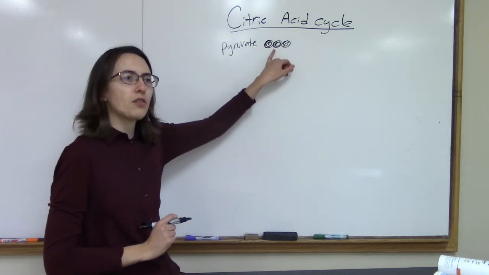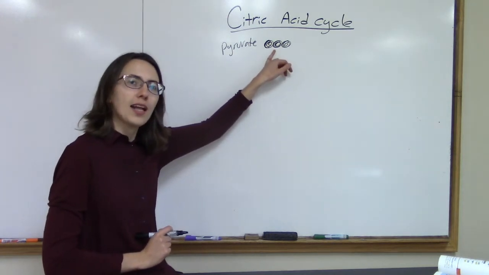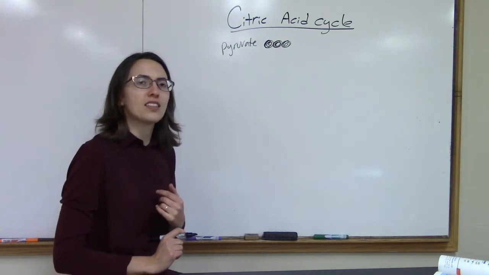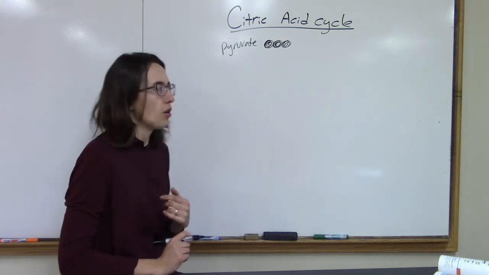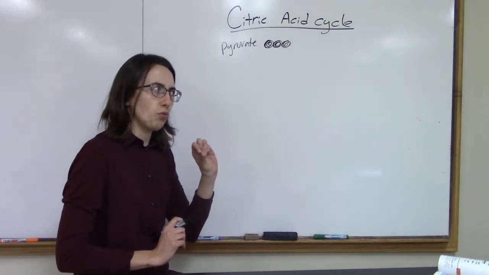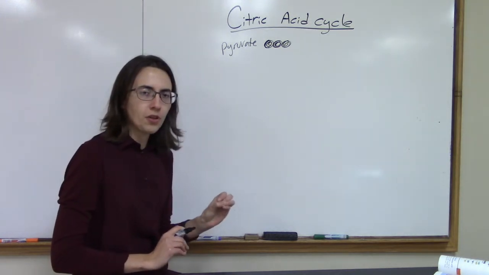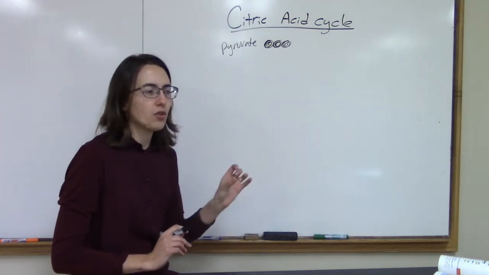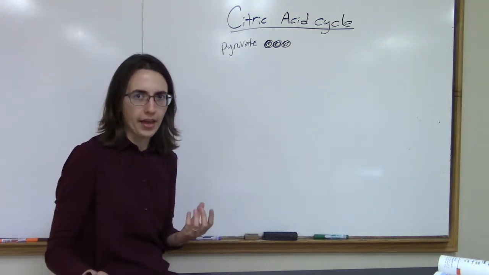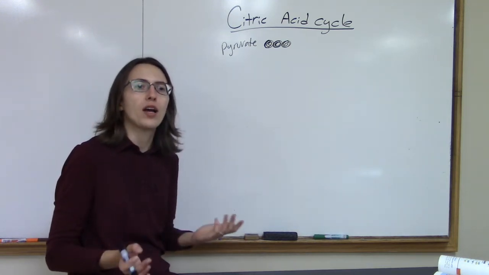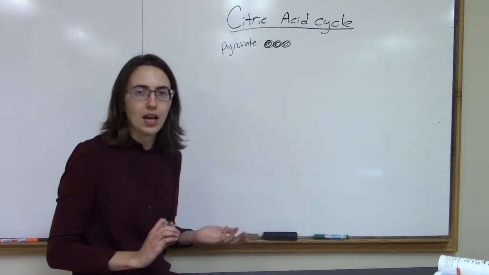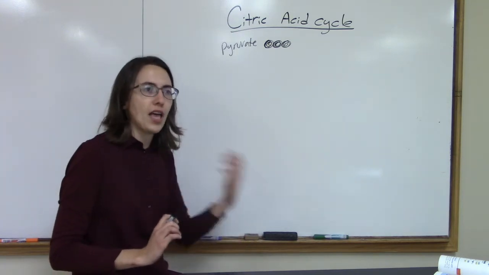And once this pyruvate gets to the matrix, the first thing that happens to it is it's converted into a molecule called acetyl-CoA. What this means is that one carbon has been chopped off, and the remaining 2 carbons have been attached to a molecule called coenzyme A. And we're not going to worry about what coenzyme A really looks like. It is a coenzyme, which means that it helps enzymes to function.